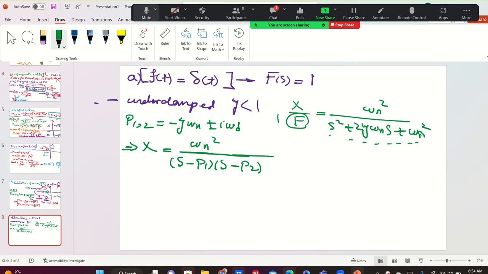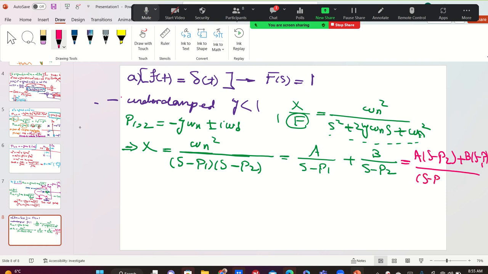Okay. So, and now we have to do this: A over s minus P1 plus B over s minus P2. Understandable? Now I have to find A and B. So you know that it's going to be A(s minus P2) plus B(s minus P1), over (s minus P1)(s minus P2).